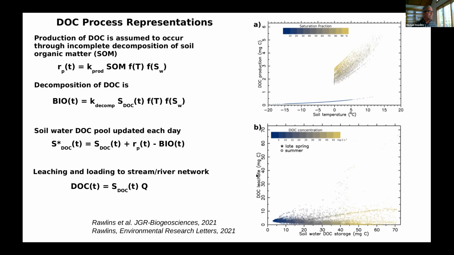And the DOC leaching then is greater when we have more soil water DOC storage and when the DOC concentration is higher. That gives us more leachate that is then loaded to the streams.